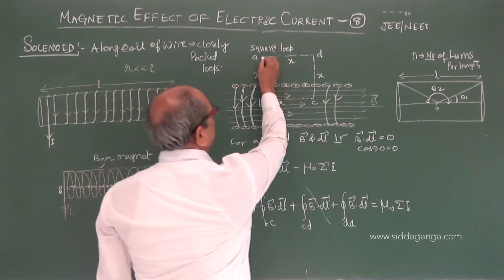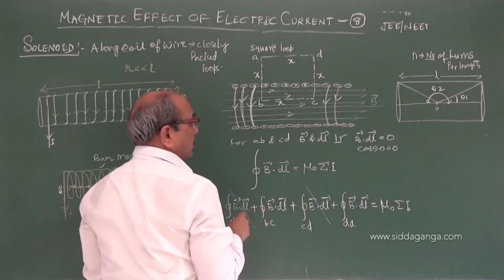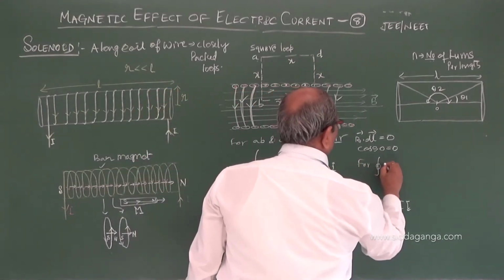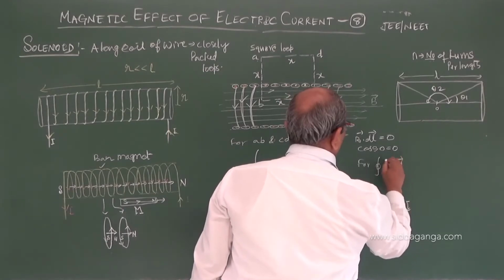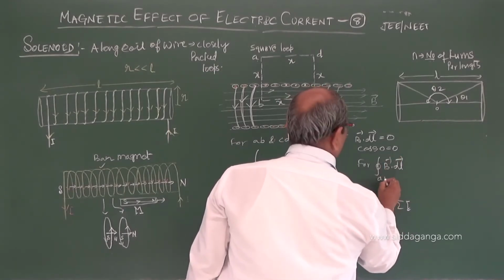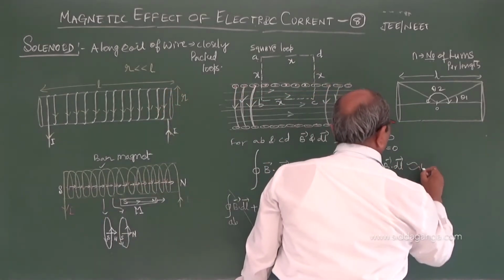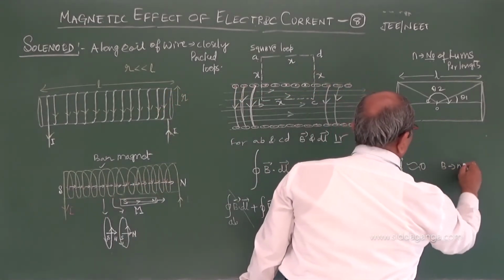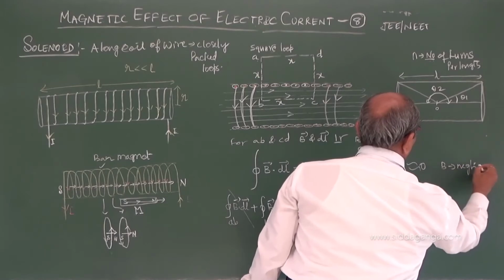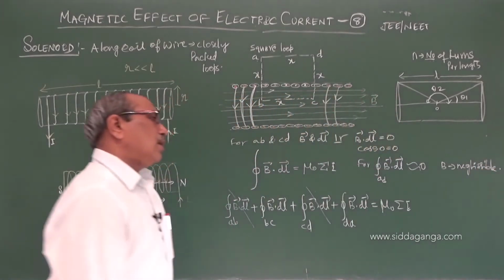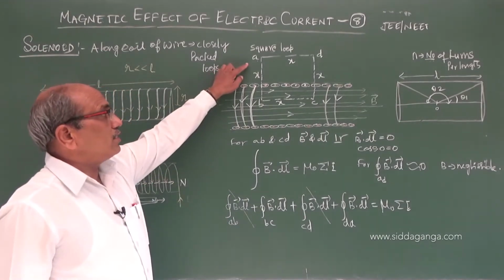And if I consider AD, the integration of B dot dl over AD is almost 0 because B is negligible outside.